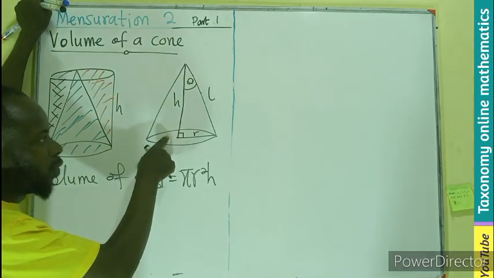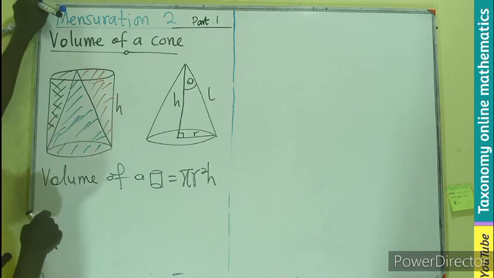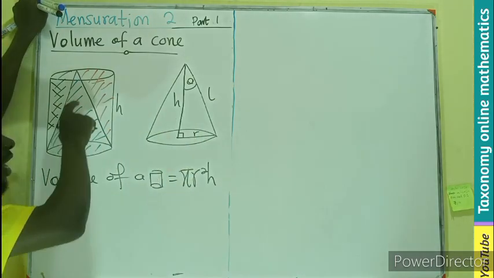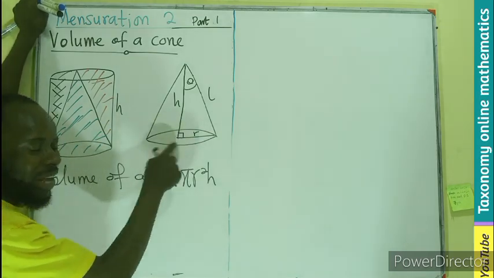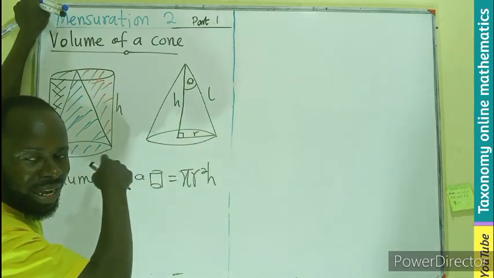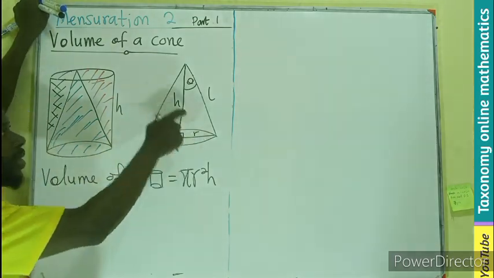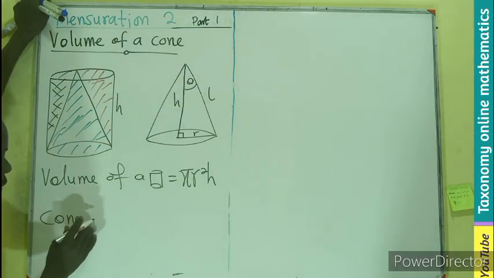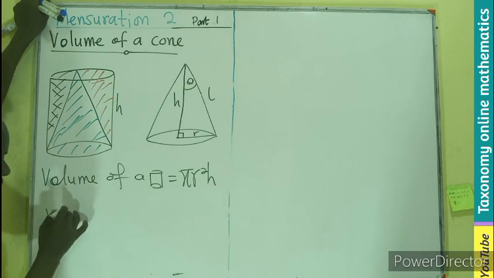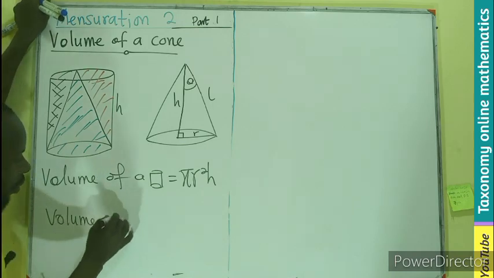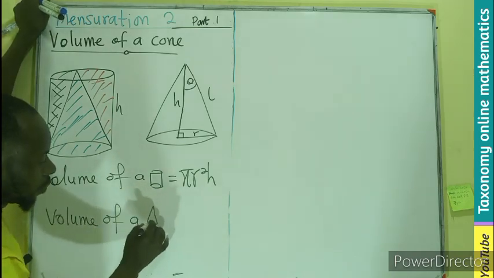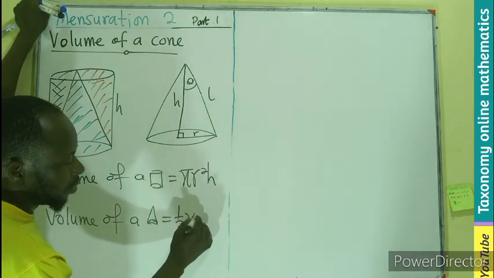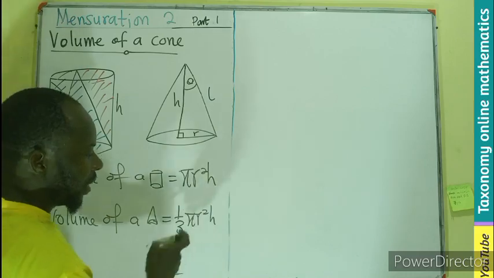Now we are saying that the cone fits into this 3 times. If you pour water into the cone and you transfer it into this cylinder, which has the same diameter and height as the cone, it's going to be 3 times. Therefore, the volume of a cone is going to be one third pi r squared h.